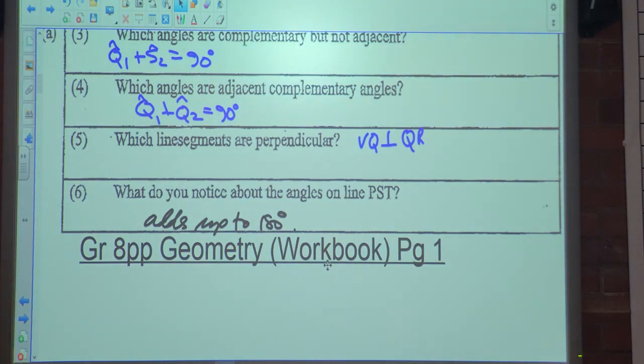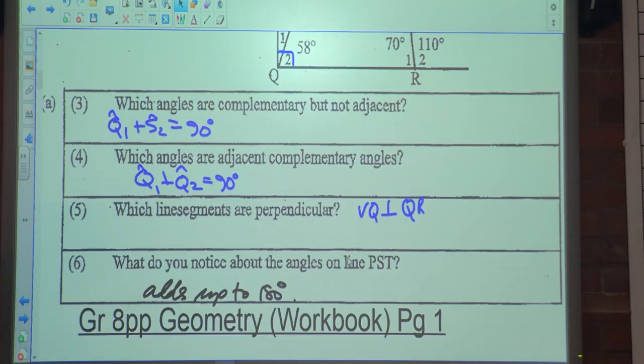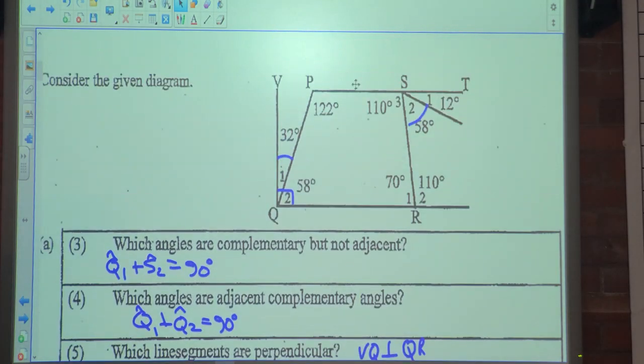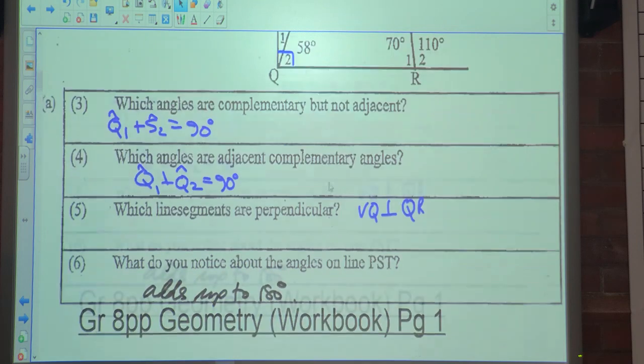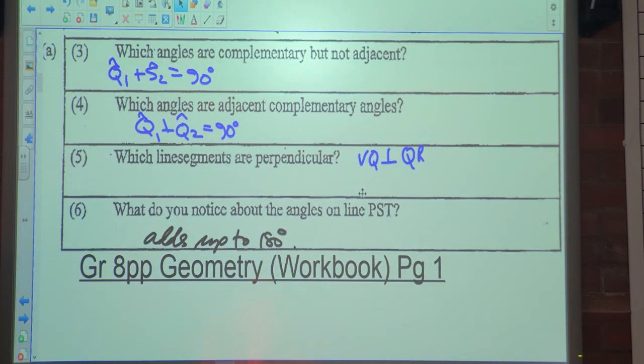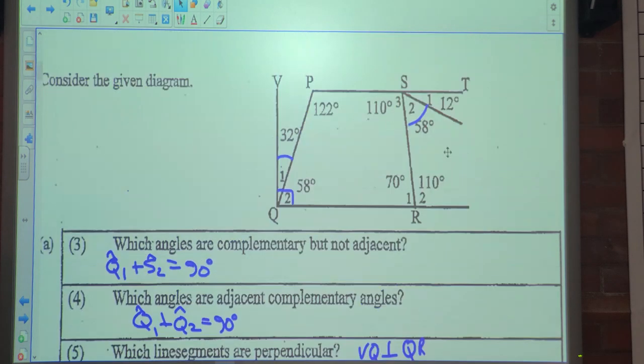Yes, Michael? How do they add up to 180 if on the line it is 122 and 180? What do you notice about the angles on these? These angles must add up to 180, but that has nothing to do with these angles here.